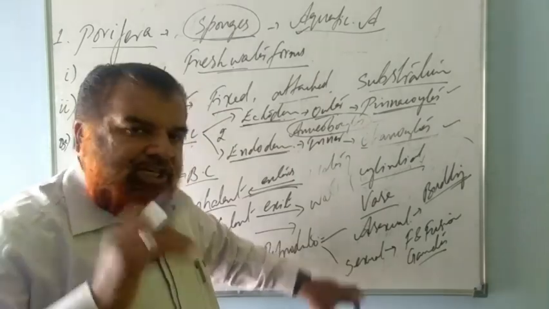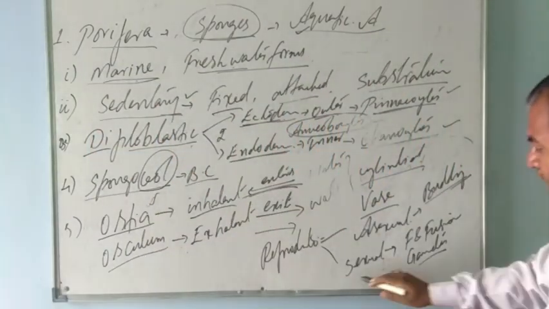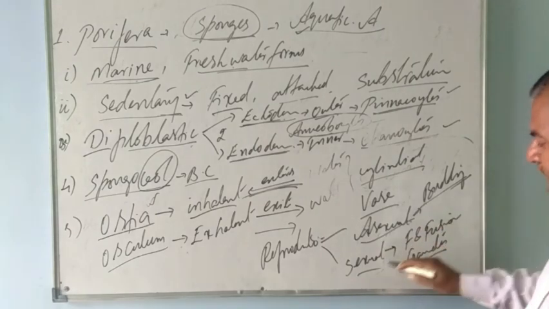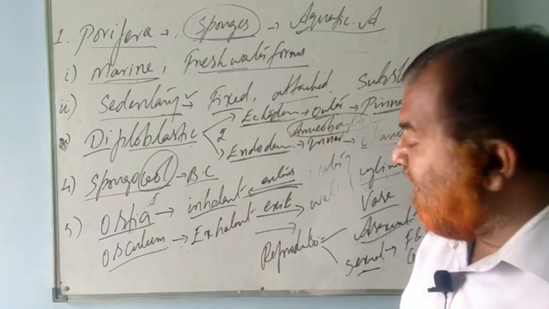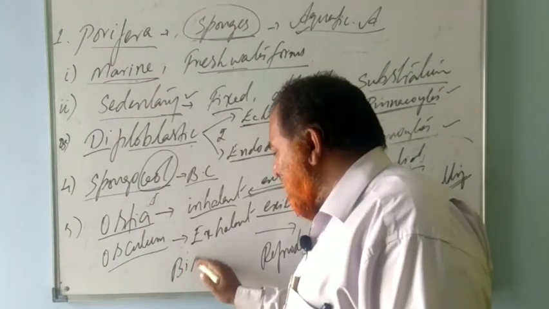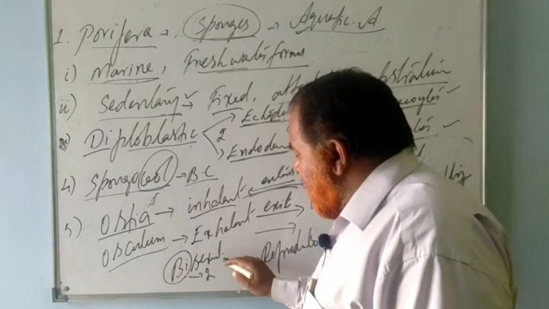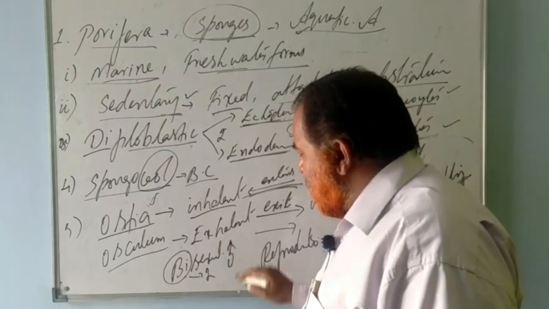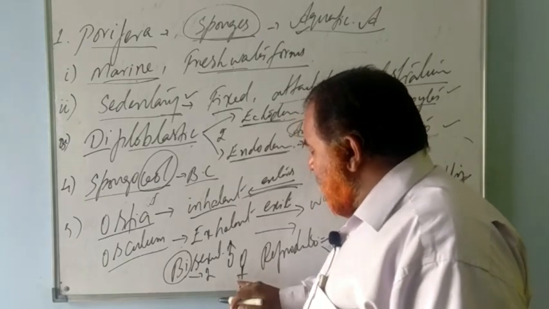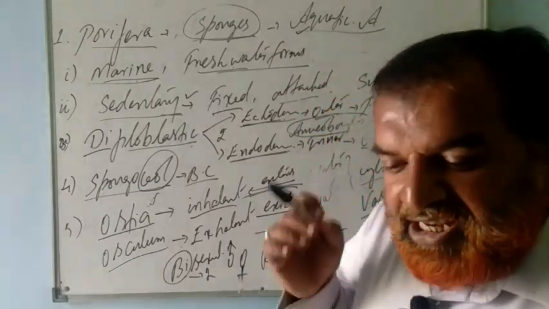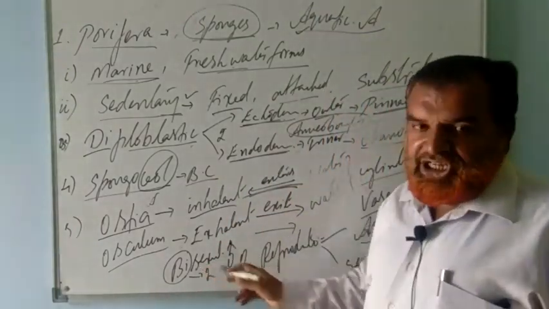Only then do we call such a mode of reproduction sexual reproduction. So both asexual and sexual take place. They are bisexual animals. What do you mean by bisexual? In the same animal, male organs, male gametes, female organs and female gametes are produced. One animal acts like a male and like a female. Such animals are known as bisexual animals.